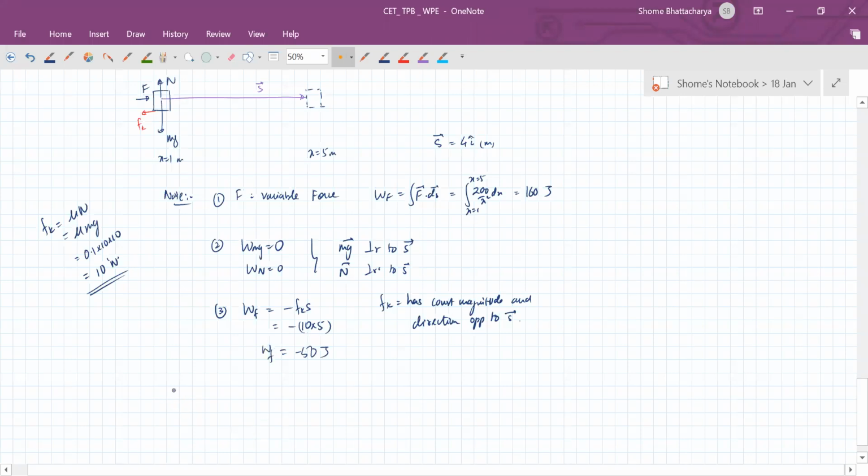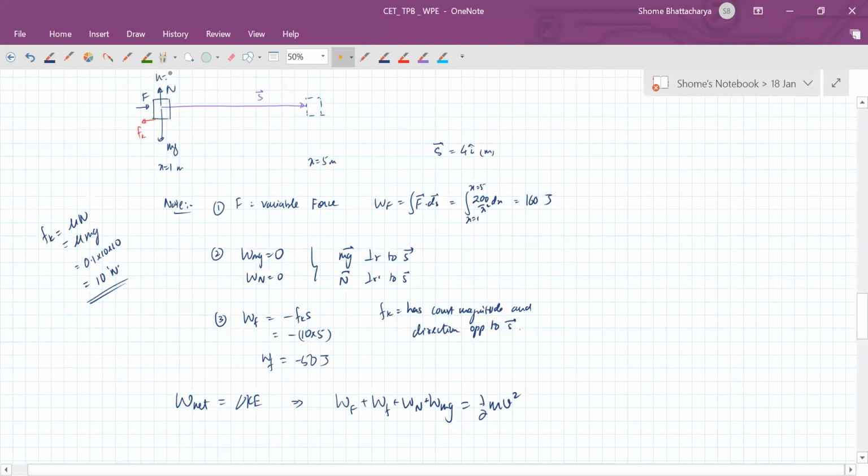Okay. So next we'll see that the net work done is equal to the change in kinetic energy. So work done by F plus work done by friction, plus these two which are 0 anyway, should be equal to half mv square, because the initial speed was 0. At the starting point the speed was 0, so the kinetic energy is 0. And we want to calculate v at this point. So this will be plus 160 minus 50, the other two are 0.